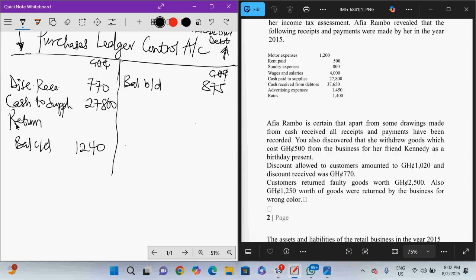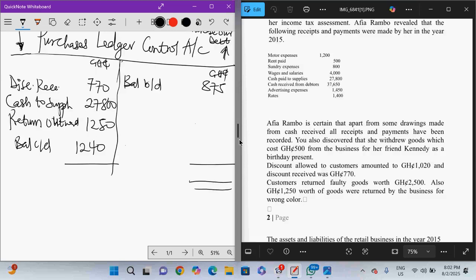So return outwards is 1,250. Any other item? I don't think there's any other item. To find the total, the difference will be credit purchases. And that will be here.